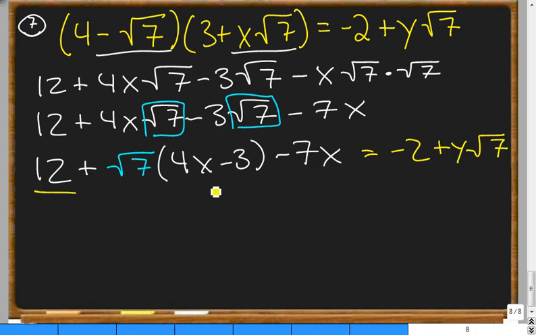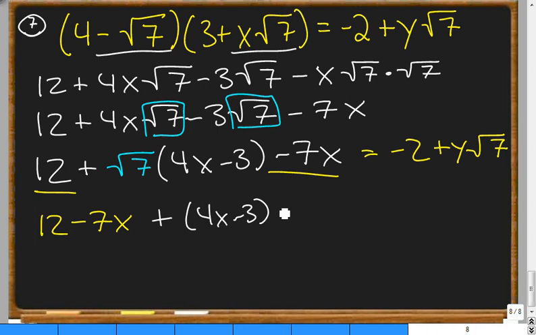I'm going to put these two parts together: this is 12 minus 7x, and then I have my extra part, which is plus 4x minus 3 times the square root of 7. On the other side, I have negative 2, and then plus y times the square root of 7.